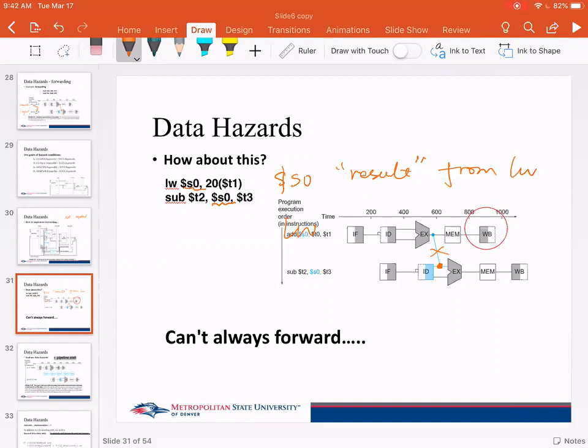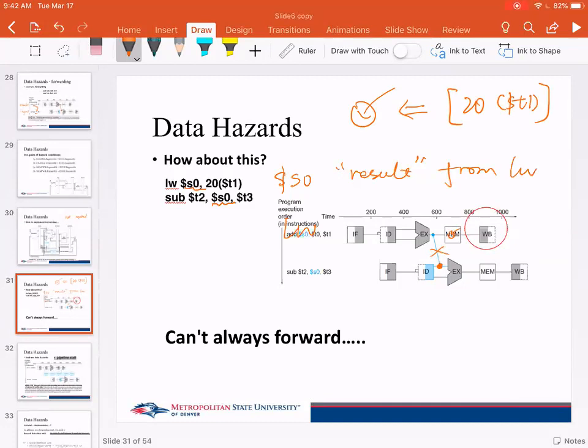But I could actually save a little bit of time, because the $S0, the value I want to read, suppose I call it an apple. So the apple is somewhere inside of the memory, and I have to take that apple out.